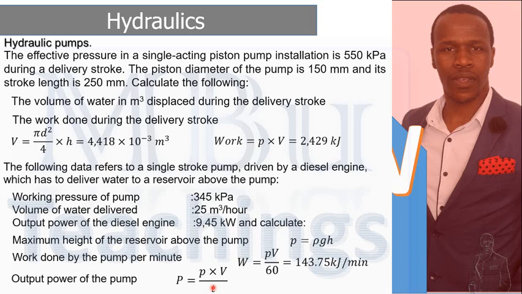Not pascals, I'm sorry about that. Then if you want to change it to kilowatts, obviously it will be 2,396 kilowatts. You can just prove me right there. Okay? Does it make sense? This is the second question under hydraulic pumps. Let's move to the third question.